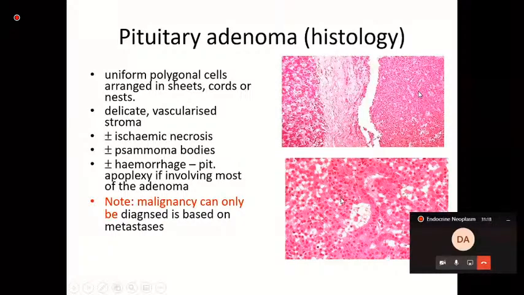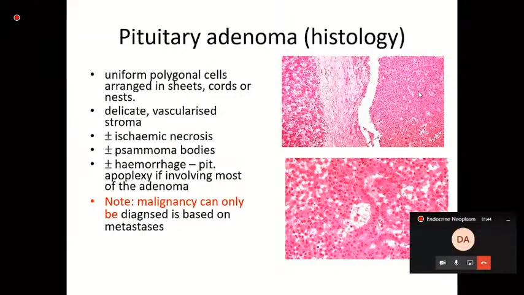We have to do other stains to know which type of adenoma it is, because under H&E we cannot assess whether it is ACTH or another type. We stain for the hormone, either ACTH or growth hormone, to know which hormone the adenoma belongs to.